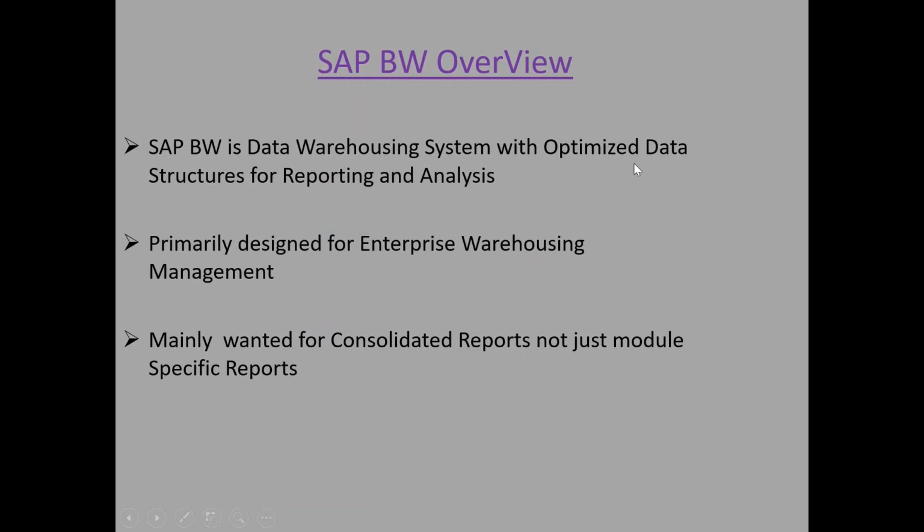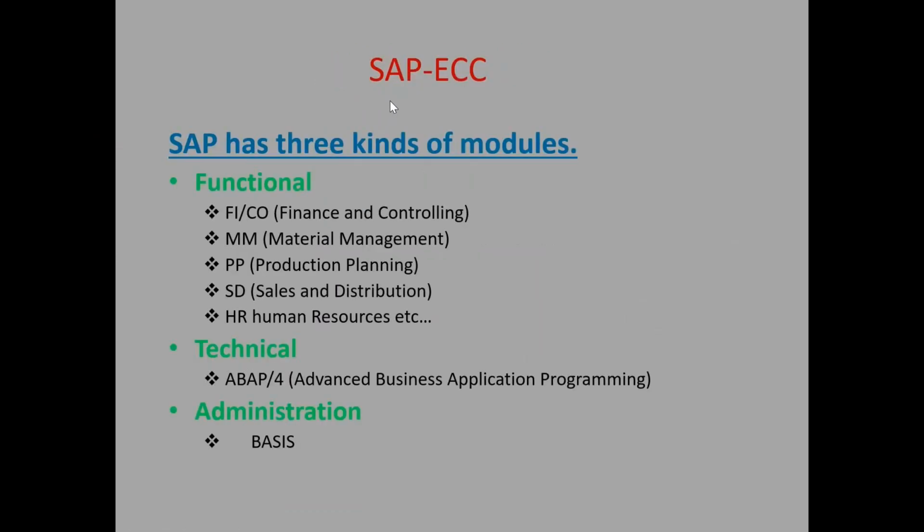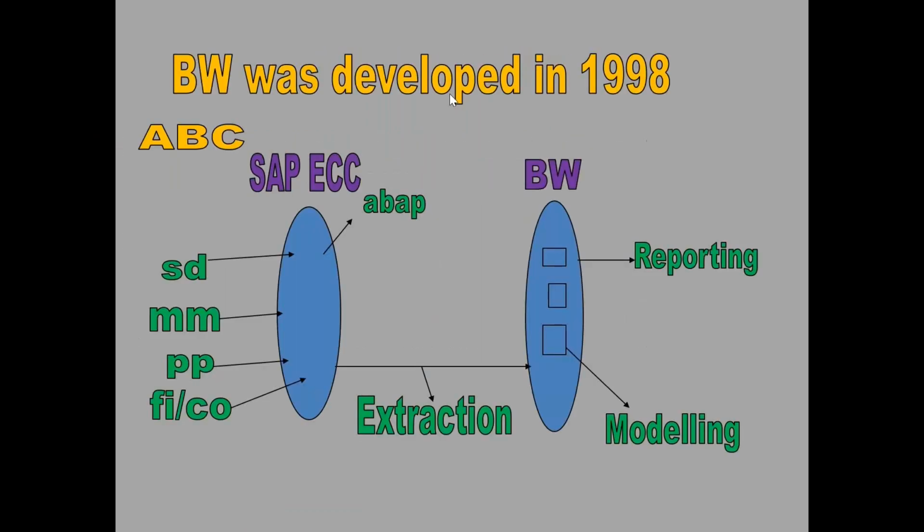Okay, this was designed in SAP in the year 1998. As I told you, the SAP ECC system was designed in 1979, while this SAP BW system was designed in 1998.